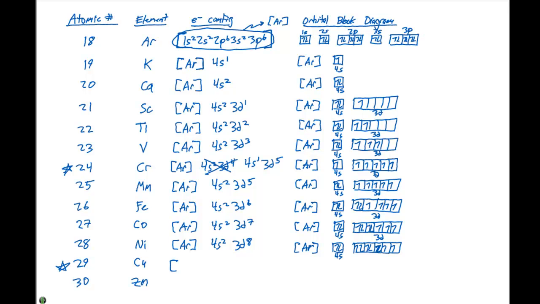Copper is another one of our exceptions. Copper is not going to be 4s2, 3d9. Instead, it's going to be 4s1, 3d10. So when we draw this electron block diagram, we do not fill in the s orbital with that second electron. Instead, we put all 10 electrons in the d orbitals.